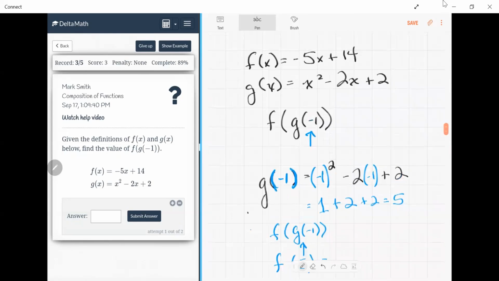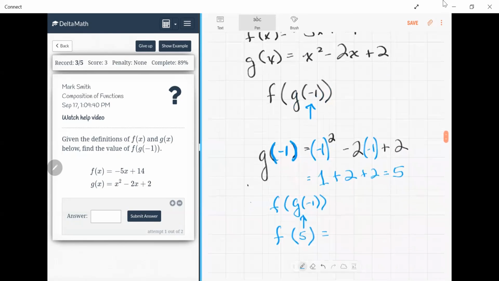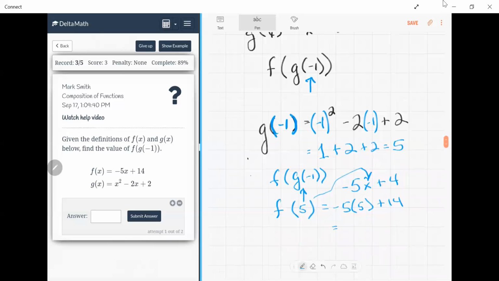All right, and f was negative 5x plus 14. So we're going to put this 5 right there where that x is. So we have negative 5 times 5 plus 14. And that's a negative 25 and a plus 14. That gives me a negative 11.